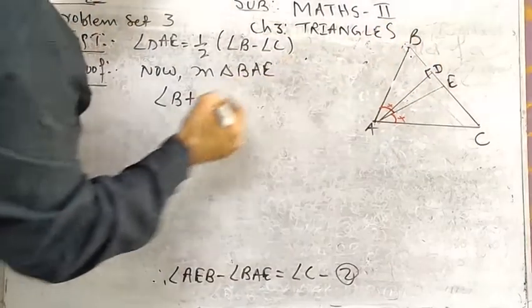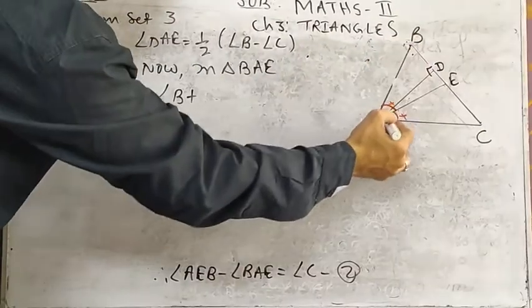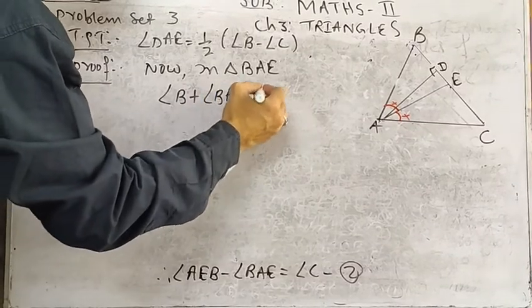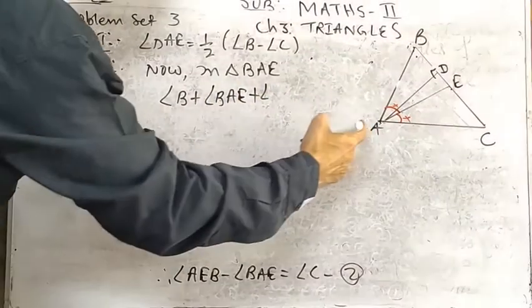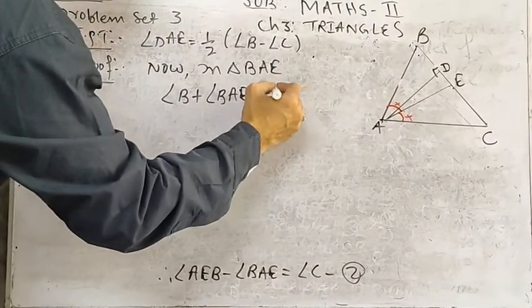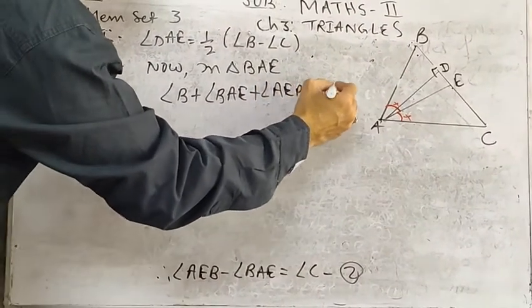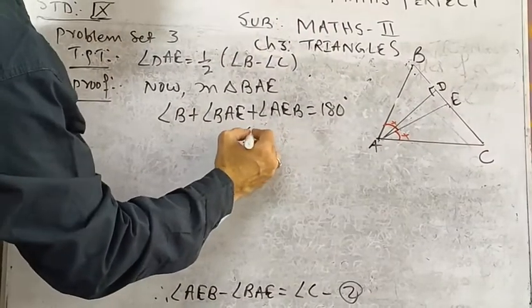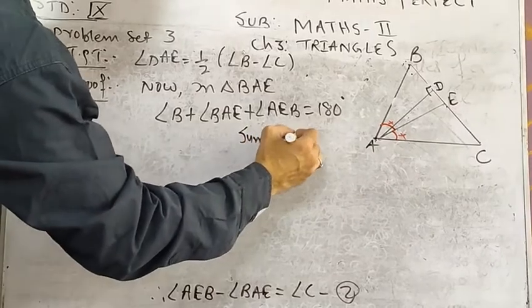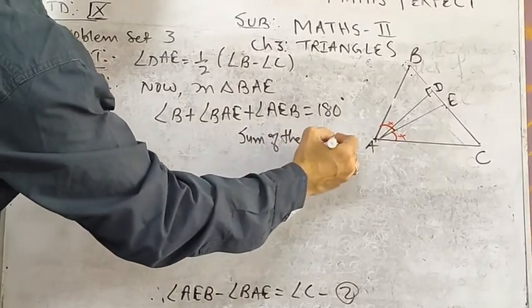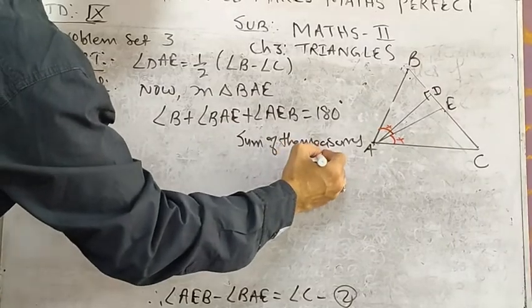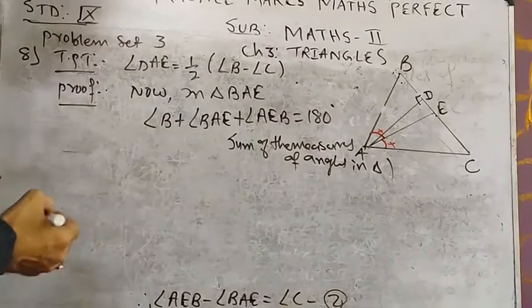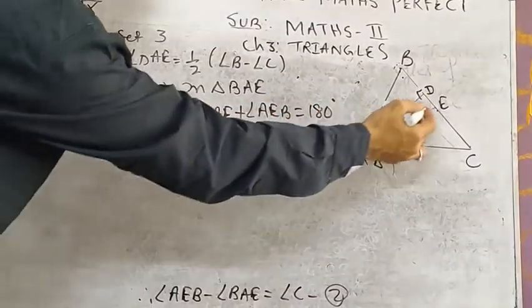Angle B plus angle BAE plus angle AEB is equal to 180 degree. Reason, sum of the measures of angles in triangle.